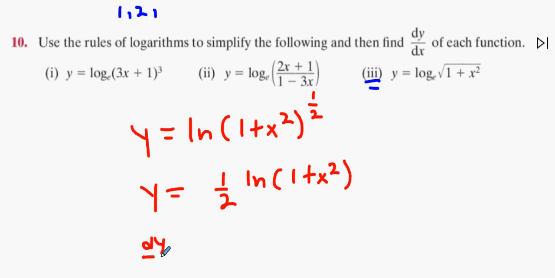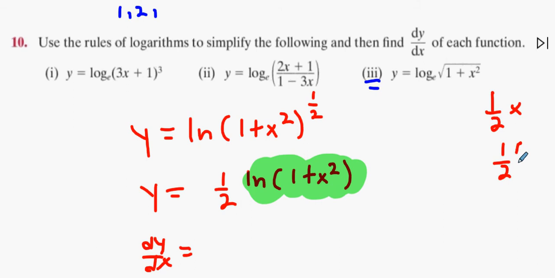Now that's when you differentiate this. So, just imagine this is the differentiable part. Does that make sense? If you differentiate a half x, what would your answer be? A half, wouldn't it? If you differentiate a half 3x squared, what would your answer be?